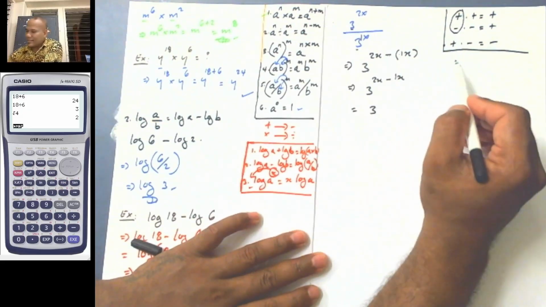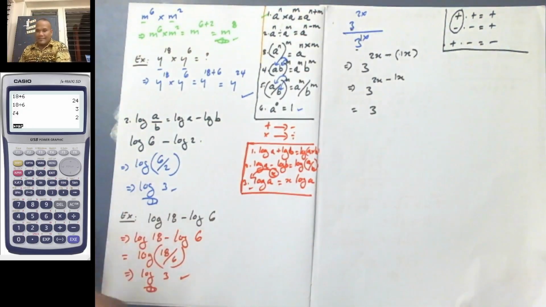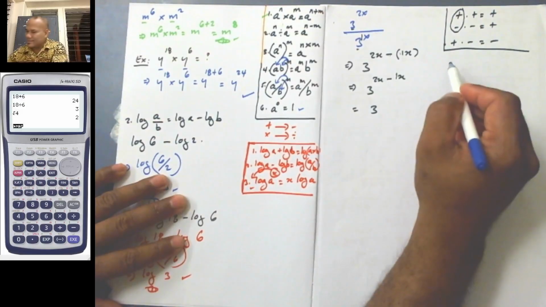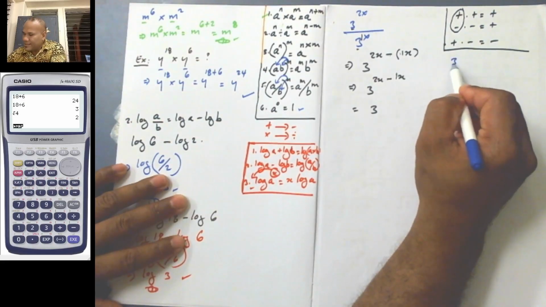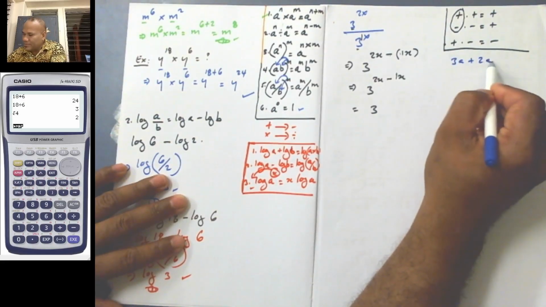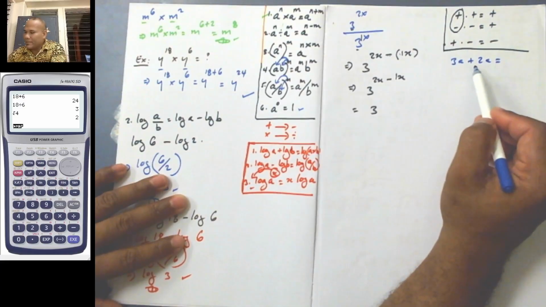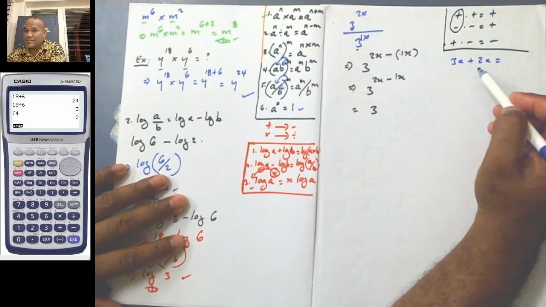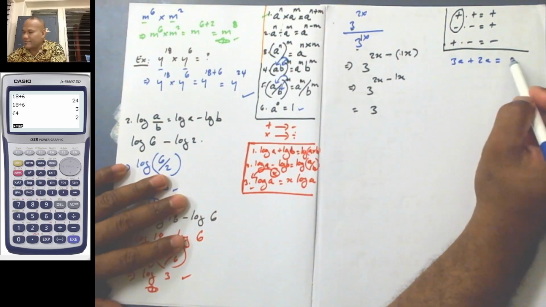Meaning to say that if I say this is same as variables or like terms, if I say 3 apple plus 2 apple, so 3 apple plus 2 apple is what? Yes, 5 apple.